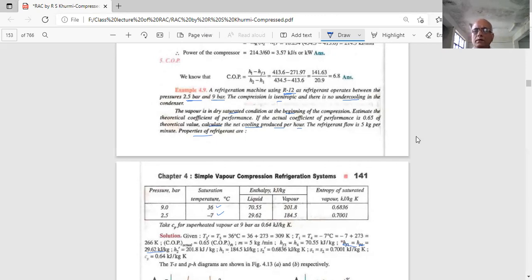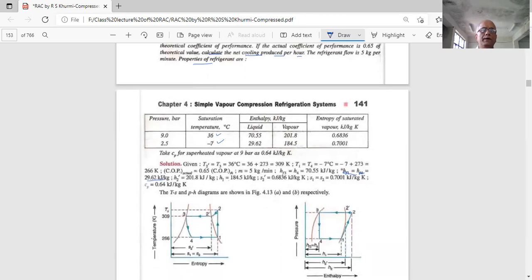What are the properties given here? T2 dash, what is shown here is the TS diagram as well as the pH diagram. Stage 1 is at the beginning of the compression itself, and is on the dry saturated line as per the problem given.